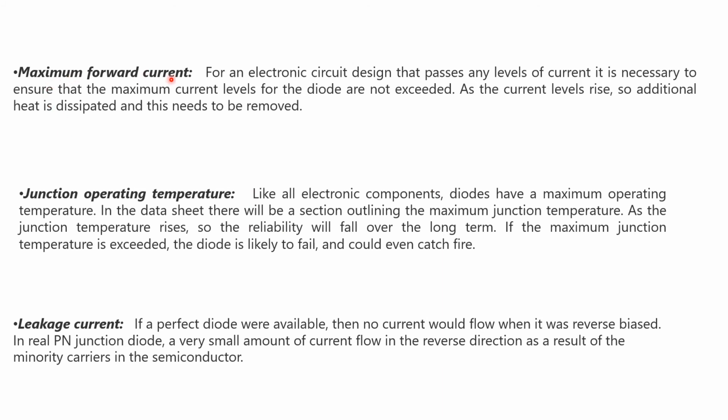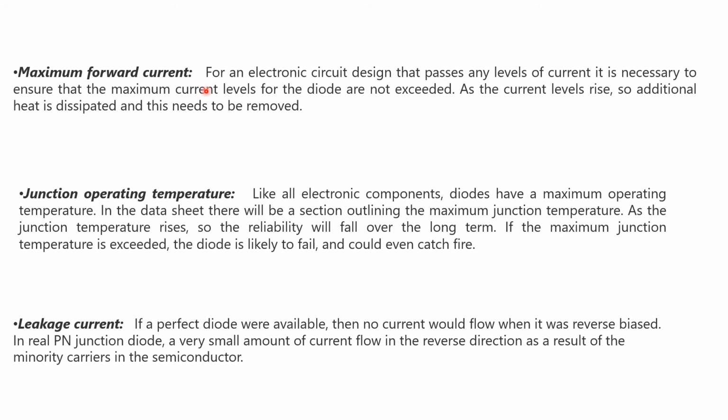Next is maximum forward current. That is very important, and most designers make a mistake here. They do not take the right rating of forward current, because once the diode is on, it will keep flowing current unless your circuitry has some kind of limiting. Let's consider I have a diode with a rating of 1 ampere.